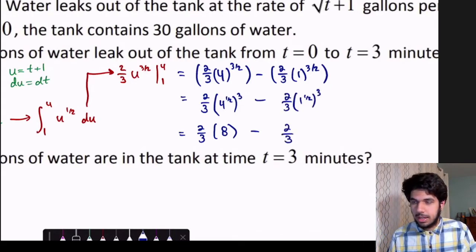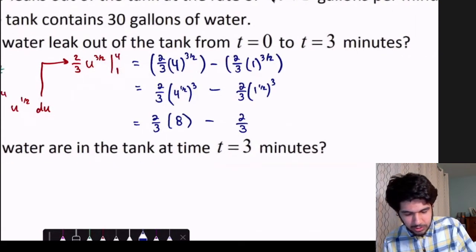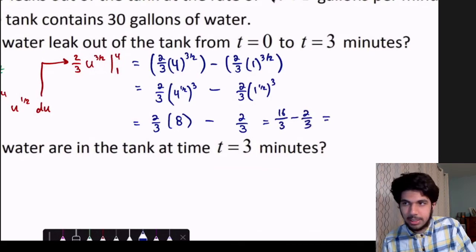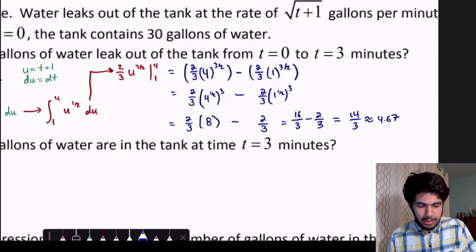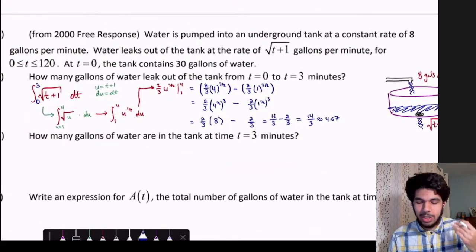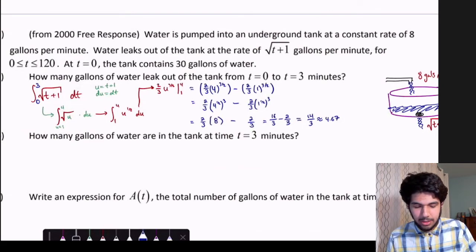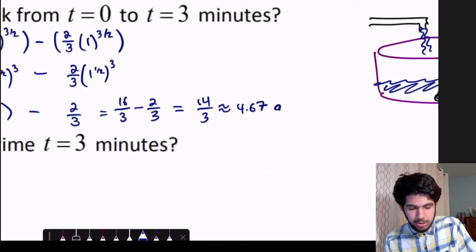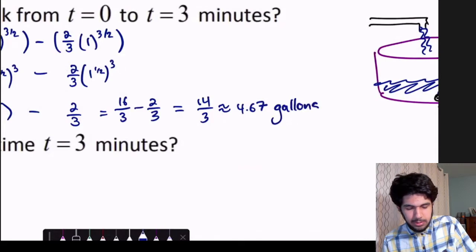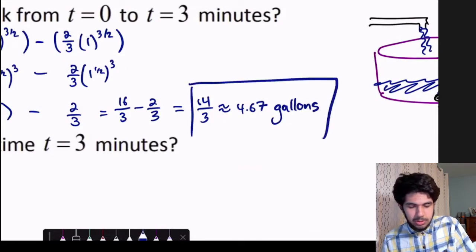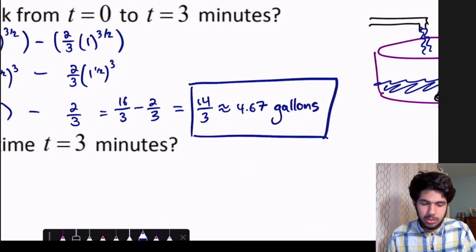Okay, and now we just have to solve for this. So this would be 16 over 3 minus 2 over 3, and that's going to be equal to 14 over 3, or approximately 4.67. And again, we want the correct units. They're asking how many gallons leak out, so our units should be gallons. So this is similar to the previous question, or at least part of it.